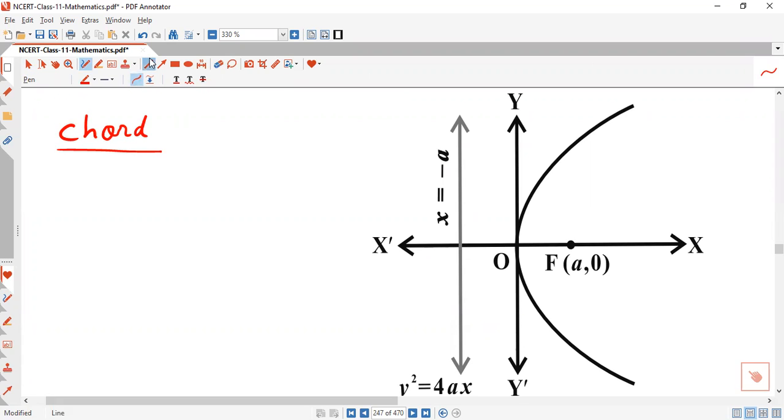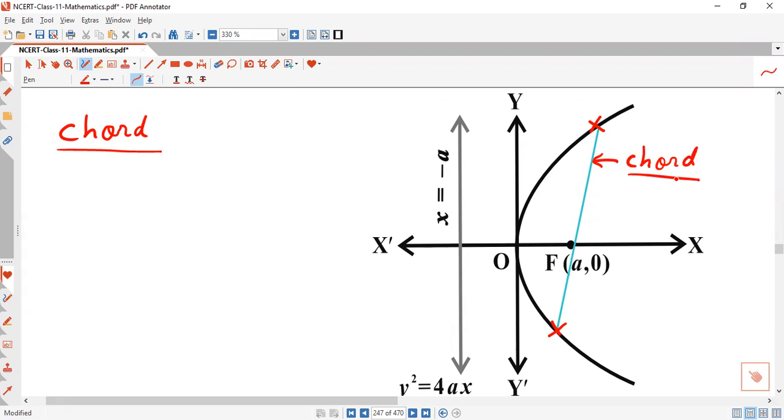I can take any 2 points on the parabola and draw a line connecting these 2 points. This line is known as a chord.